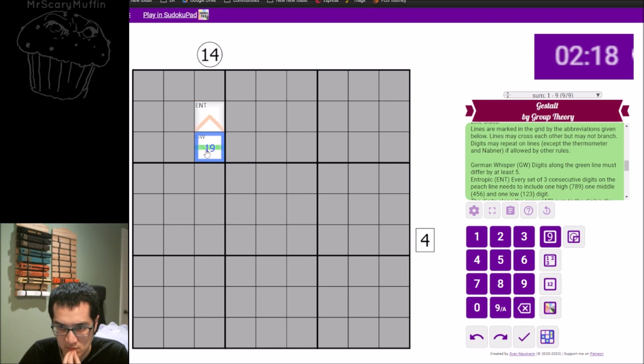This will be a 9, it's a high. Wait, that's 4 and a 1, low. This will become a high number. Otherwise, 6 and a high number, and then low, low. So these will end up being the same polarity. They're either lows or they're highs.